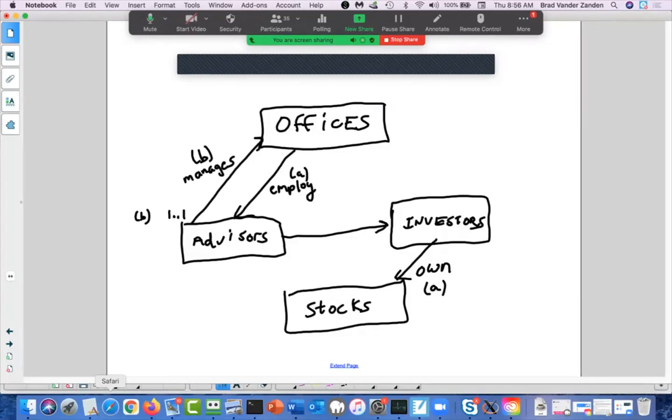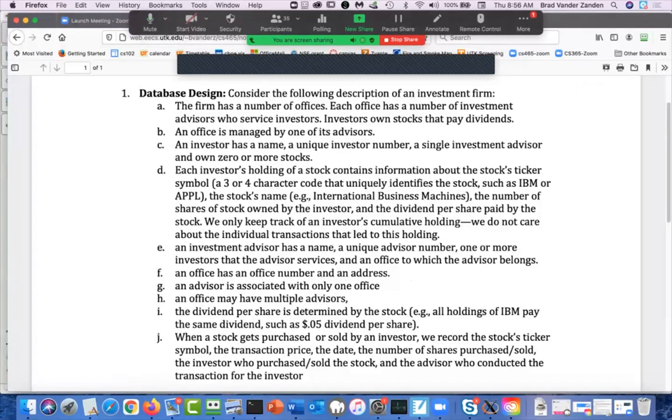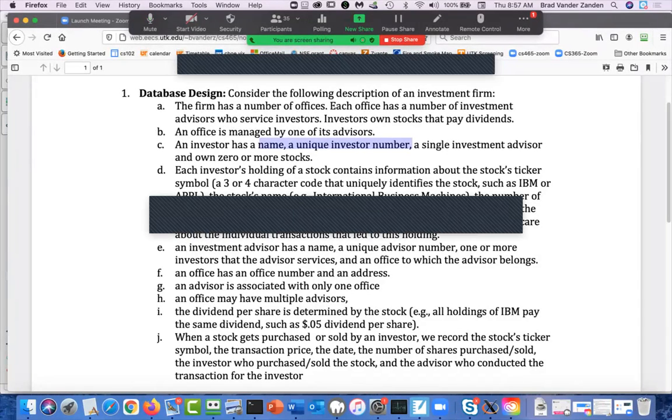In C, we are learning that first of all, an investor has a name and a unique investor number. Those are attributes. They're not describing a relationship. These are just descriptive attributes.